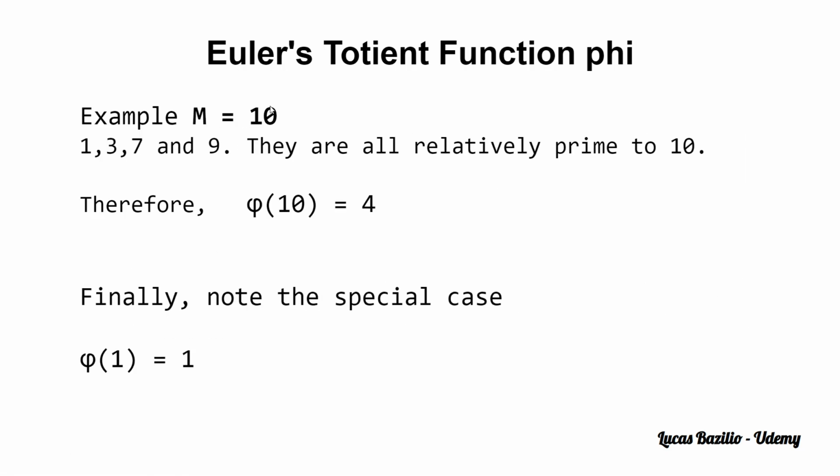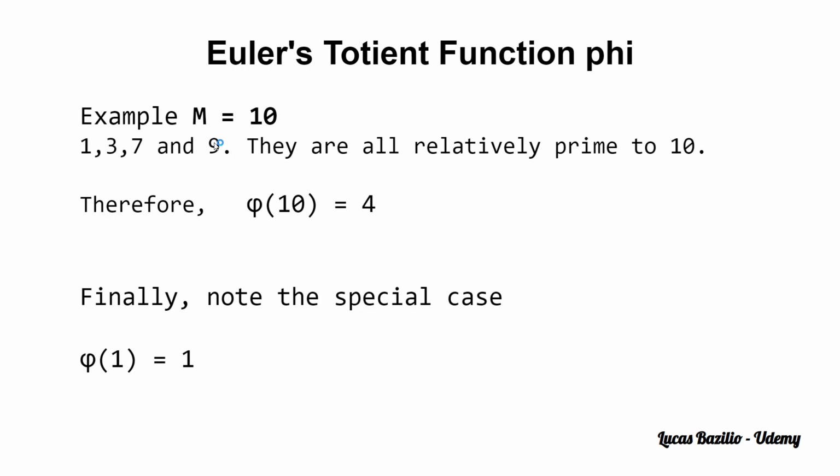Let's study a last example to understand this. Now the value m is 10. Between 1 and 10, we need to count how many numbers are coprime with 10. In the list, we see that 1, 3, 7, and 9 are coprime with 10.